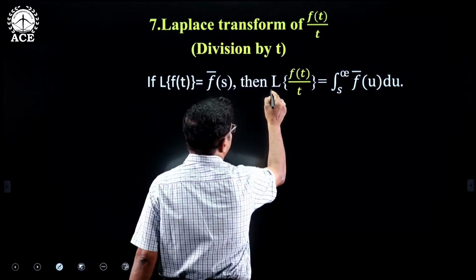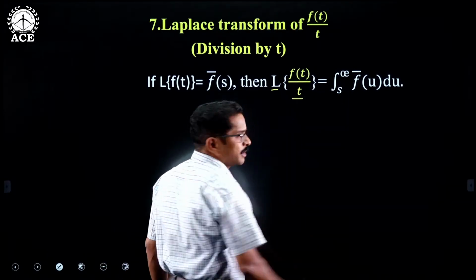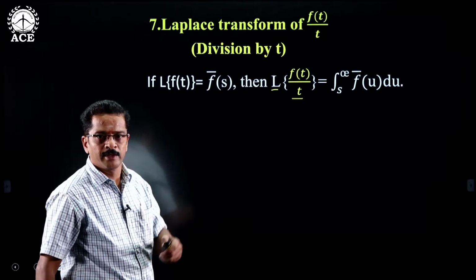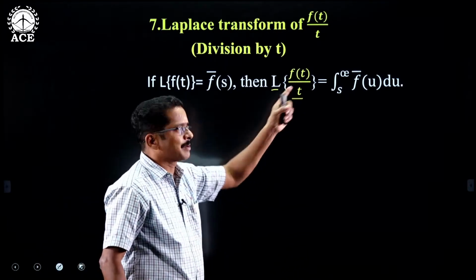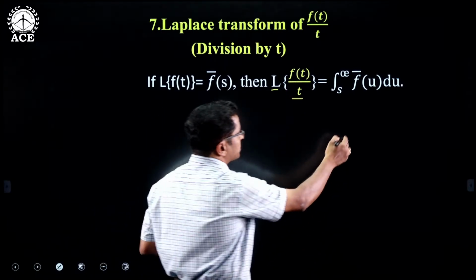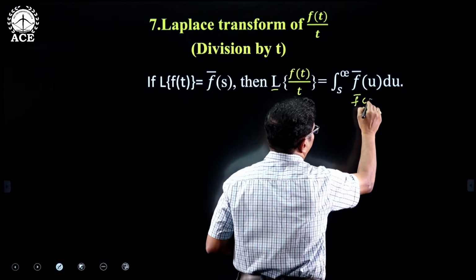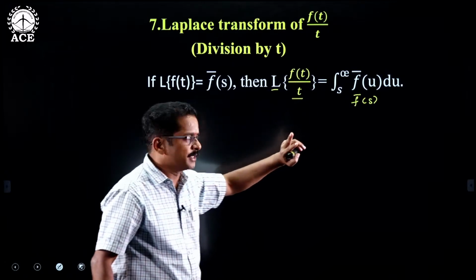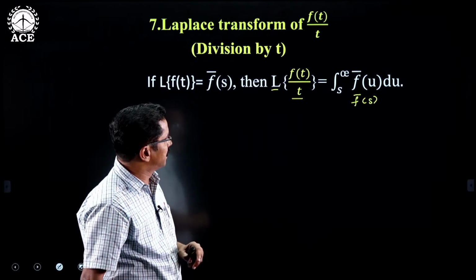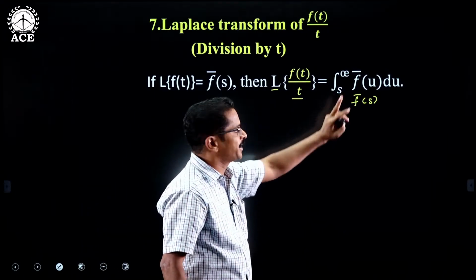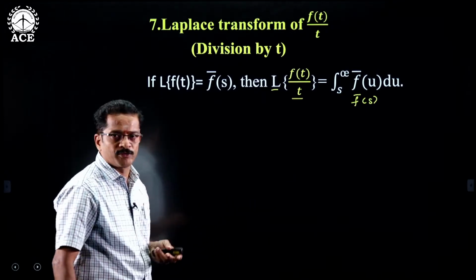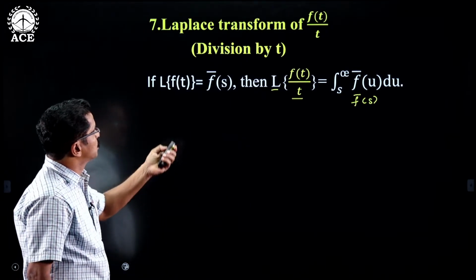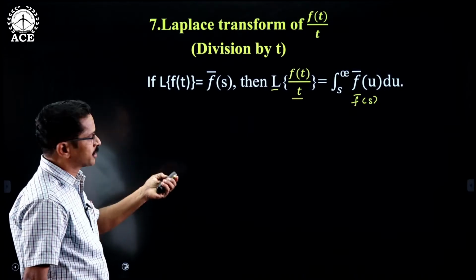Laplace transform of a quotient function equals integration of the Laplace transform function. That is, f bar of u is nothing but f bar of s. As limits are provided in s terms, I took a different notation, that is f bar of u du. That's it. So using this rule, we are going to solve some problems.